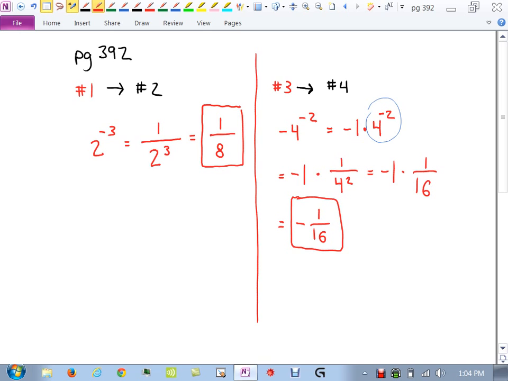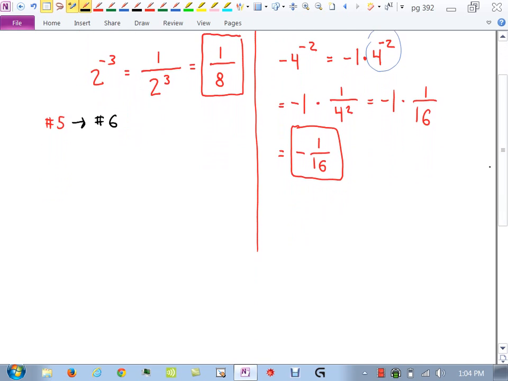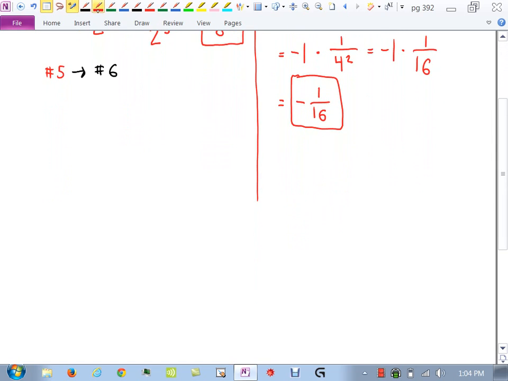Okay, now I'm going to do number 5, and you should look at 6. Number 5 is y to the 6th, y to the negative 10, y to the negative 8.